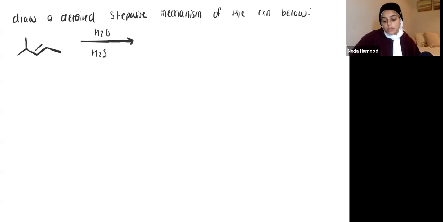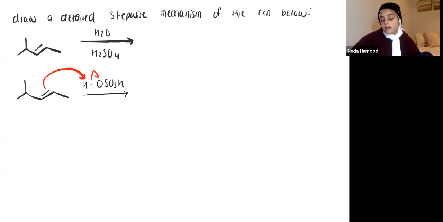And then we have H2SO4. So pretty much we saw this earlier, how double bonds are attracted to the HOSO3H, where the double bond will grab the hydrogen like that and leave us with a carbocation there.